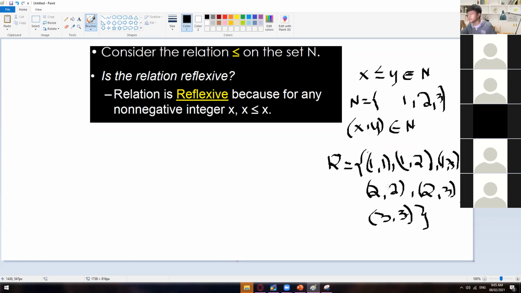So as you can see, we have 1, 2, and 3. For you to be able to say that this one is reflexive, we should have 1, 1, 2, 2, and then 3, 3 in this relation, which is correct because we have 1, 1, we have 2, 2, and then we have 3, 3. So that is why this relation under this condition is reflexive.